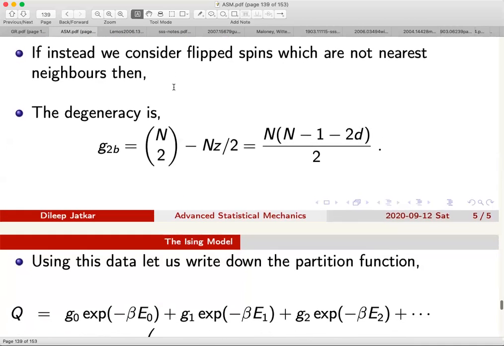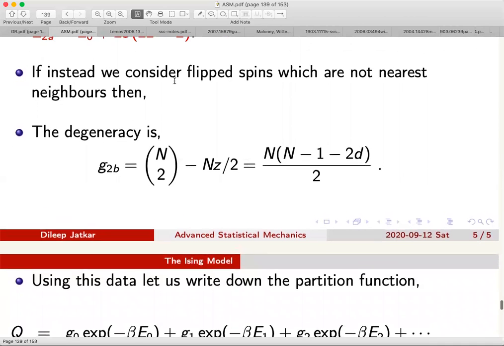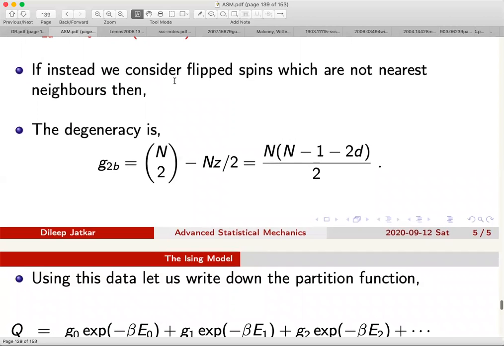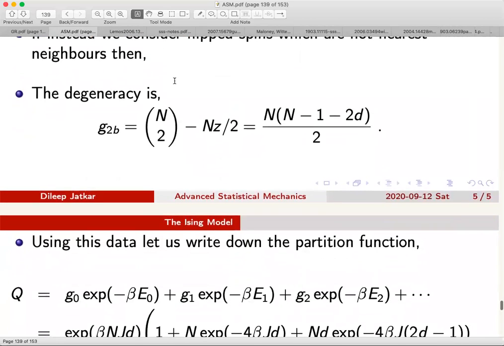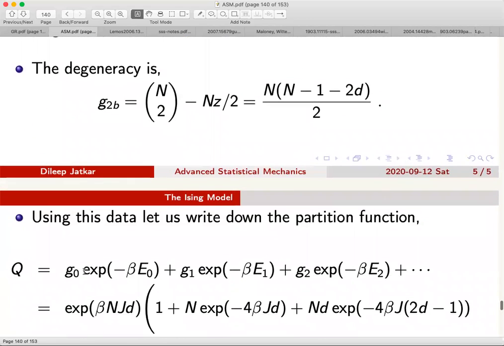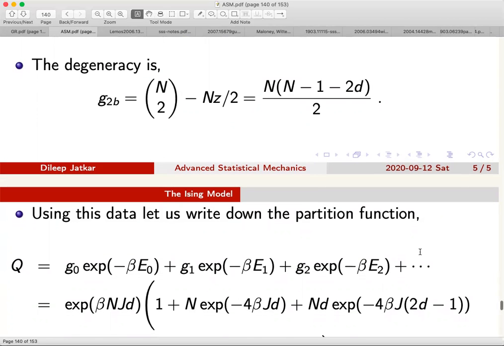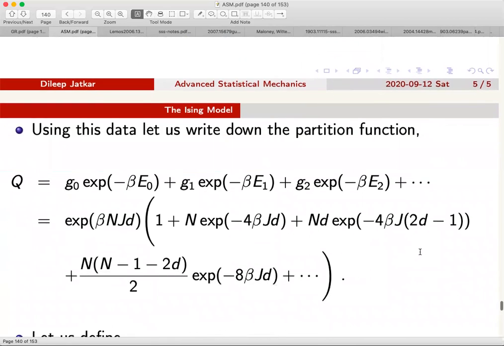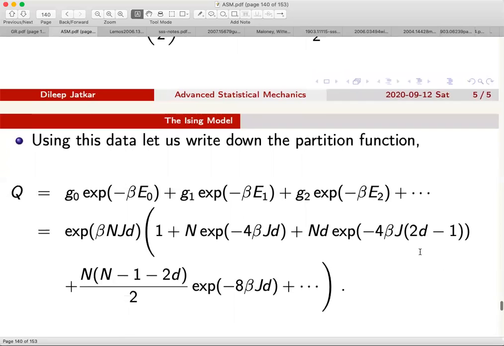So what we will do is write down the partition function by explicitly writing down these configurations. That means the degeneracy of the ground state times the ground state contribution, plus the degeneracy of the first excited state times the weight function for the first excited state, then the second excited state, and so on. If you do that, you get an expression like this. Let me run through this one slowly.